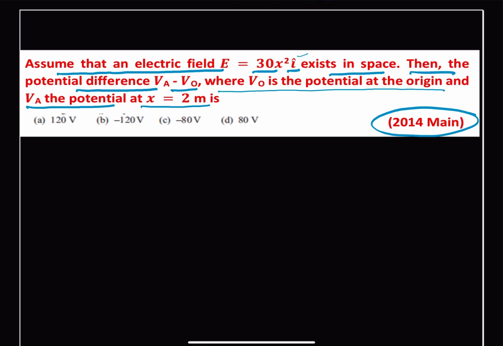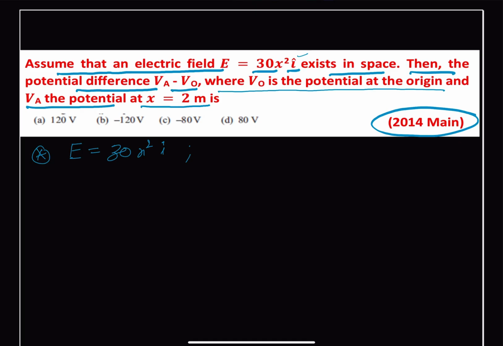So we are given that we have an electric field which is E = 30x² i, and we already know the relationship between our potential difference and electric field.